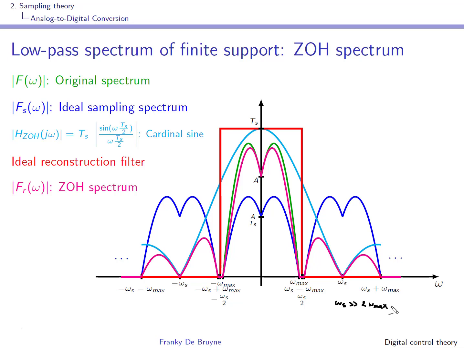You have two advantages. So omega s will move to the right, so the repetitions will be at higher frequencies, but of course this cardinal sine will be stretched, okay, and you will see that inside the interval minus omega max the effect of the distortion will become smaller and smaller as the cardinal sine in this interval will be lifted.